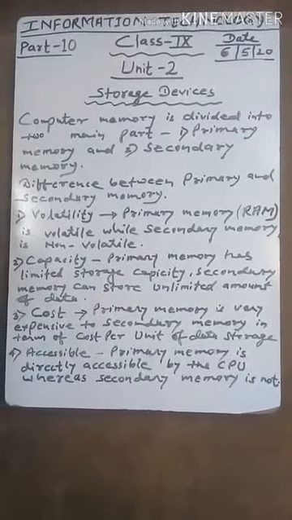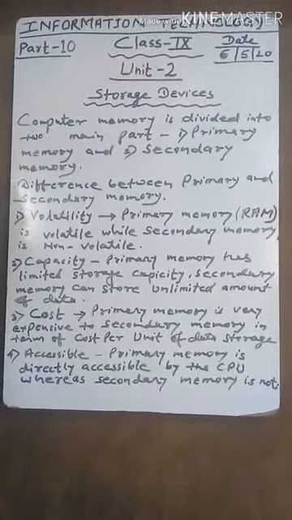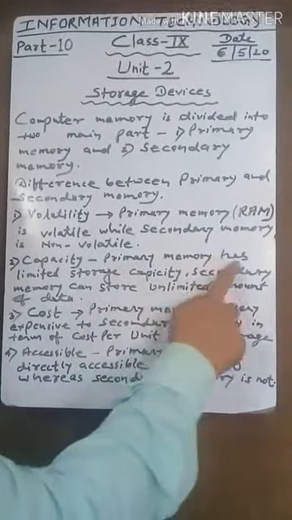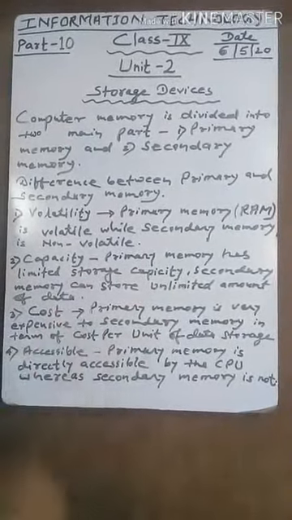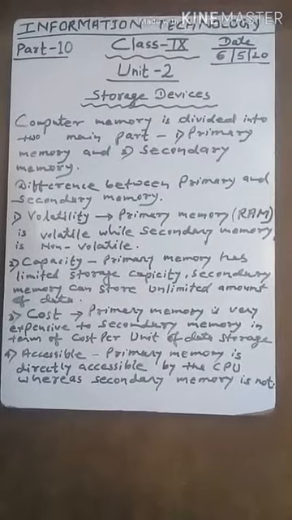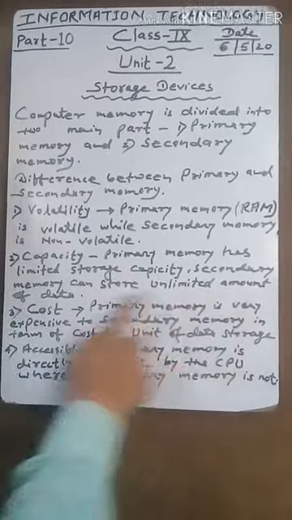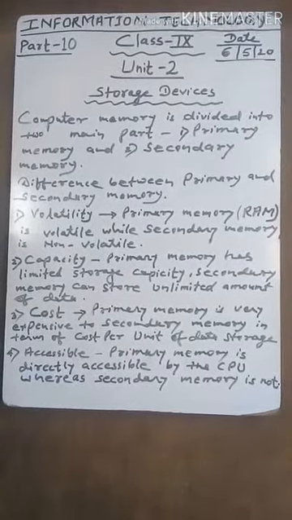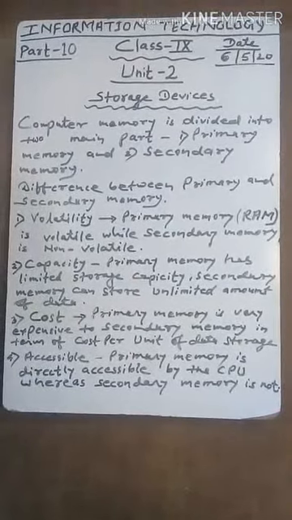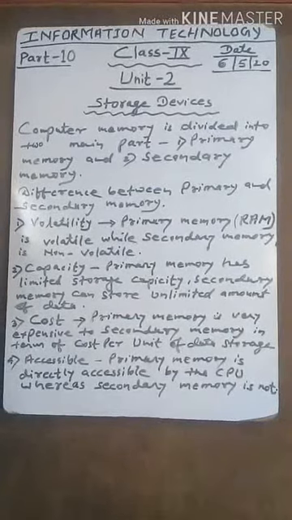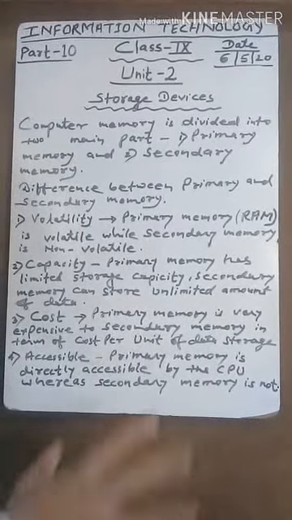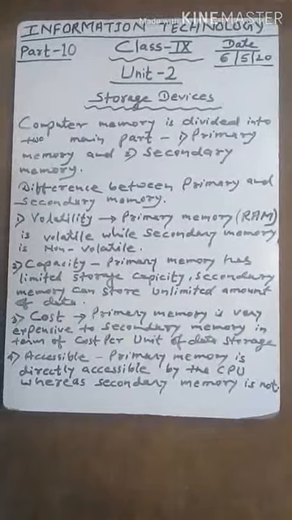Capacity. Next point is our capacity. Primary memory has limited storage capacity. Secondary memory can store an unlimited amount of data. That means primary memory has limited storage capacity.